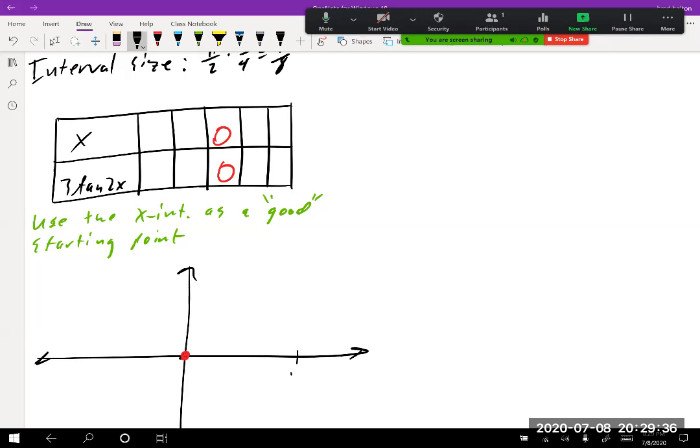So right here would be pi over 2, and there's going to be another x-intercept. And then if I want, I'm going to do another one over here. This is going to be negative pi over 2. That's going to be another x-intercept. So we know that the asymptotes have to go right here.